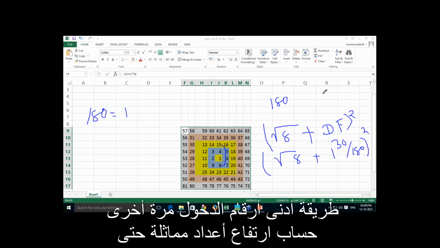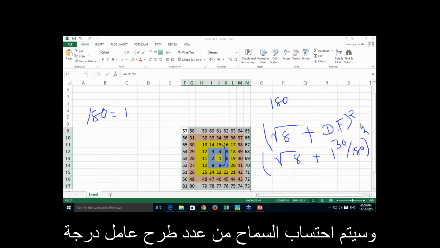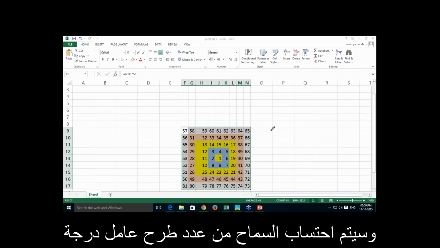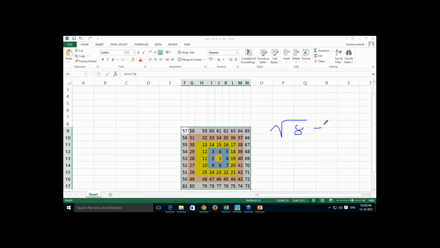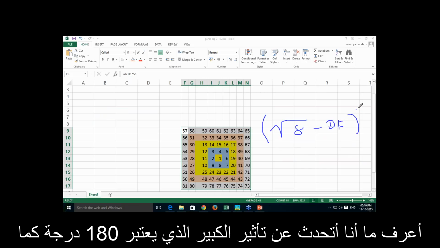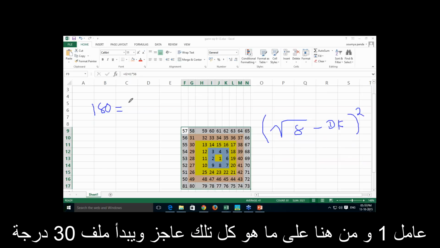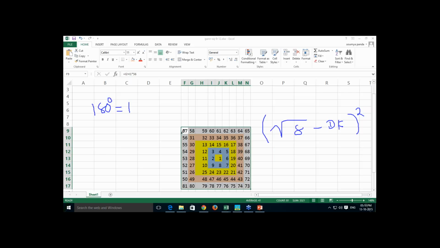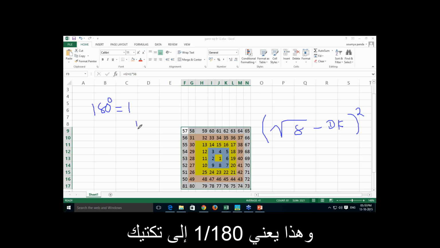Similarly, the lower numbers in the Gann arithmetic will be calculated from the number, subtract the degree factor, and the net result has to be squared. So whenever I am talking about the degree factor, 180 degrees is considered as a factor 1, and from here onwards all those calculations start. 30 degrees means 1 divided by 180 into 30.